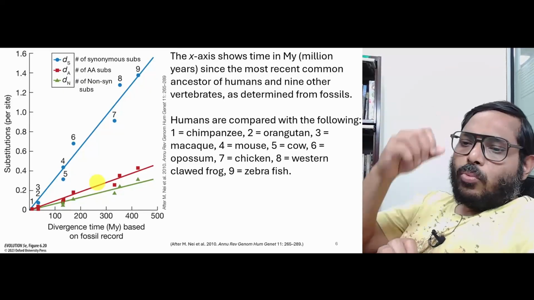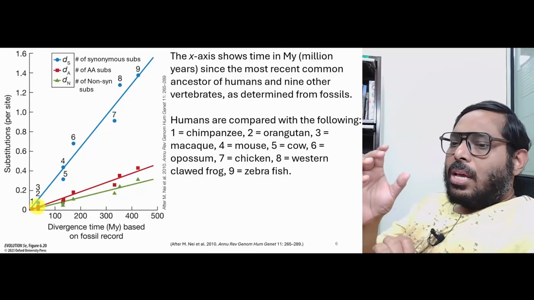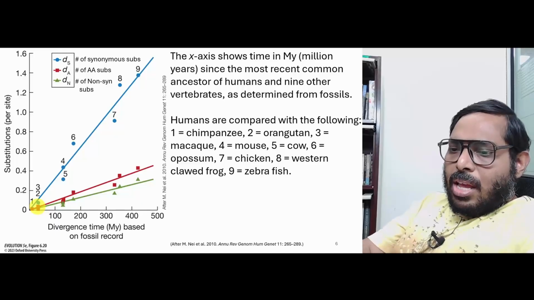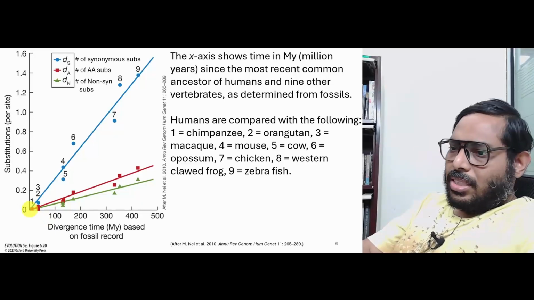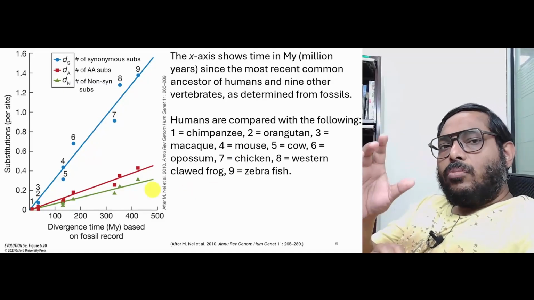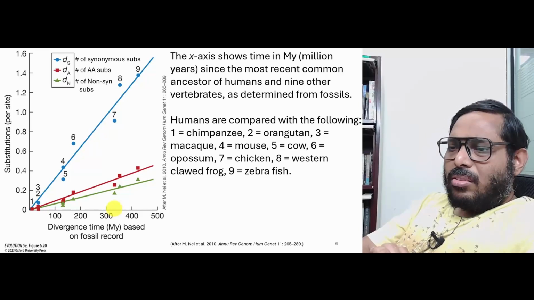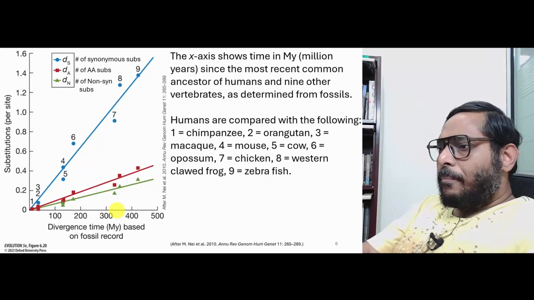Let me show you what the species are. So, let us say one is chimpanzee, which is over here. What this is telling you is that humans and chimpanzees, based on their fossil data, diverged somewhere a few less than 10 million years ago. Similarly, number 7 is chicken. So, the ancestor of humans and chickens diverged somewhere about say 320, 330 million years ago, and so on, right.